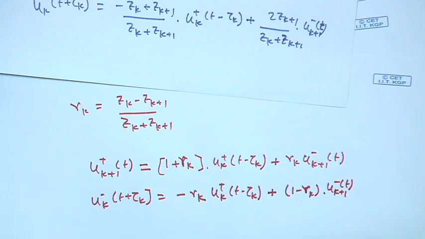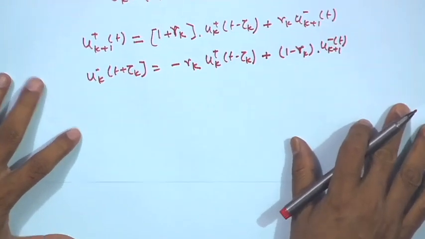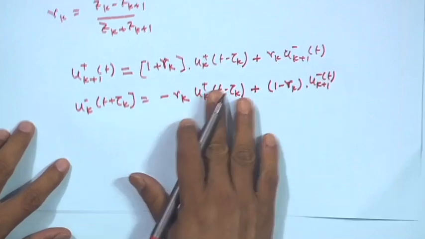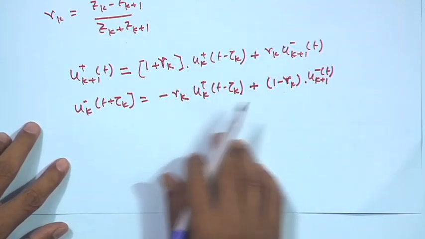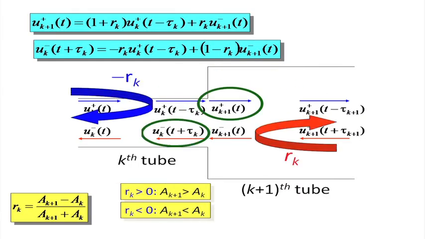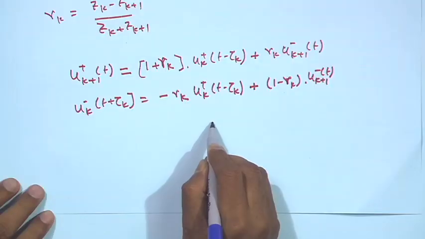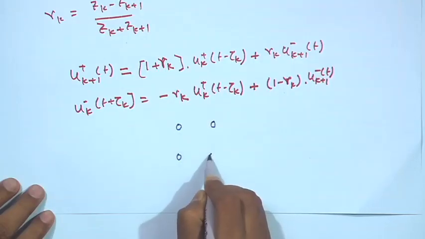Okay. Now, try to draw the diagram at the junction point. I want to draw the diagram at the junction point from these two equations. So, this is the junction, this is the point at the junction.